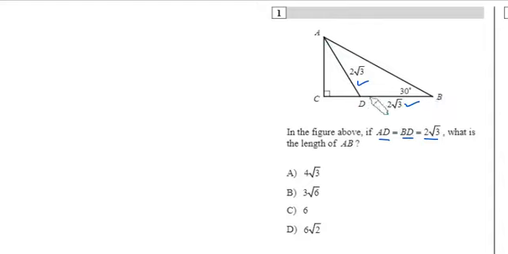This is BD and that is equal to 2 root 3. What is the length of AB? You are required to find the length of this side, that is AB.